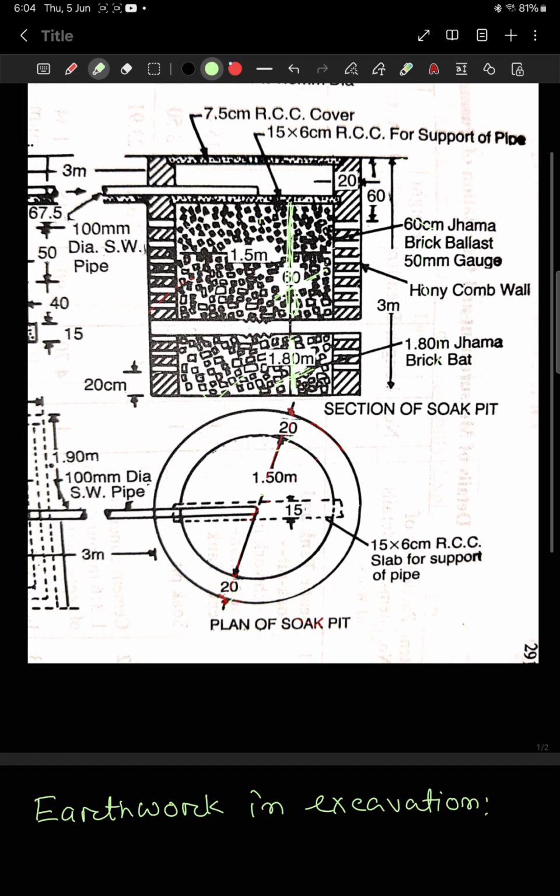Now you can see the overall depth for this soak pit is, this is the ground level. So the overall depth is 3 meters. The overall diameter is 1.9 meter. Overall diameter is 1.9 meter and overall depth is 3 meters.